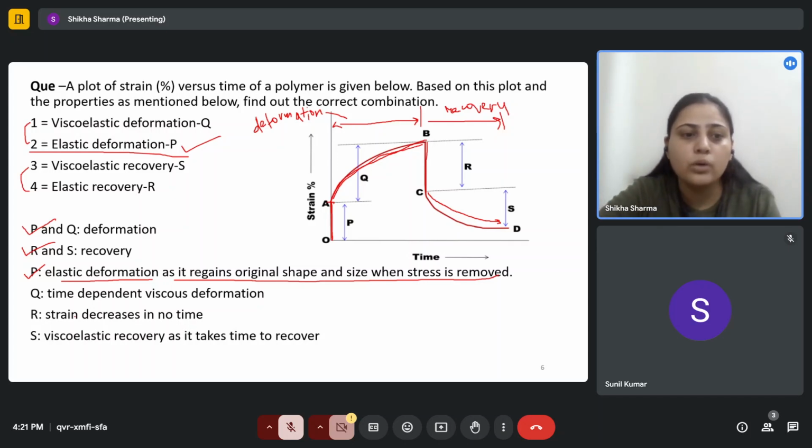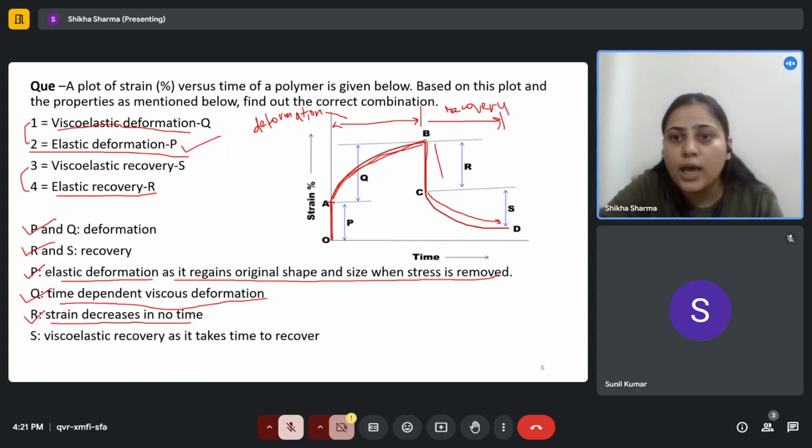So it is a time-dependent viscous deformation in Q. So we can say Q is viscoelastic deformation. Next are R and S. In R the strain is decreasing, so recovery is there, and in no time it is decreasing. So it is elastic recovery, because the strain is recovering, or decreasing, in no time.